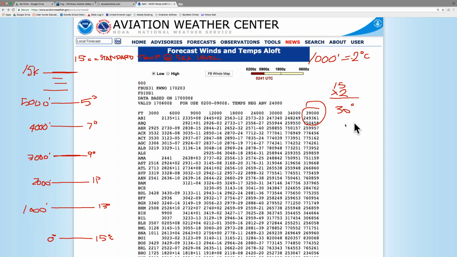So now since we're going up, since we're increasing in altitude to 15,000 feet, that means that we are losing 30 degrees Celsius.